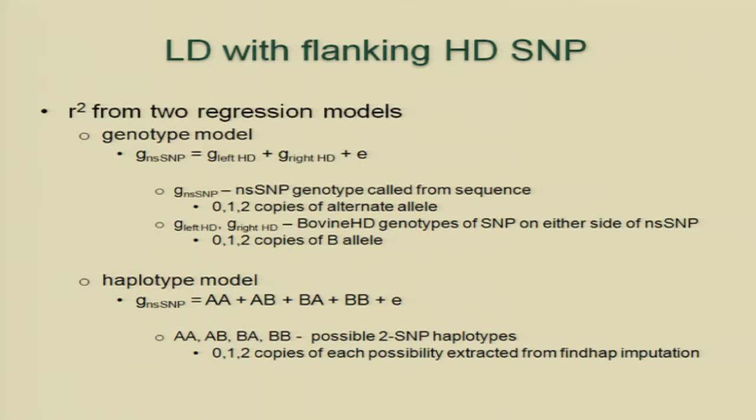And so I looked at LD between pairs of high density flanking a non-synonymous, either using a genotype model, regressing on the genotypes for both flanking SNP, or, based on our imputation, looking at the two SNP haplotypes to try and predict that, to get a correlation between the pair of SNPs and the non-synonymous in the middle.